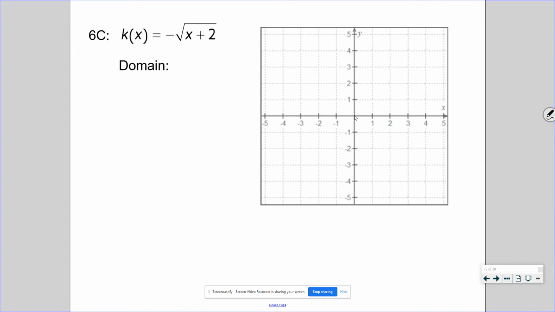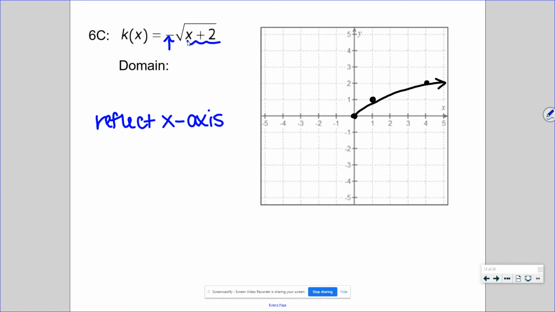Square root again. So there's my parent function. Now this time we have to do two things. We have to apply the negative on the outside, which means to reflect it over the x-axis, meaning flip it down.